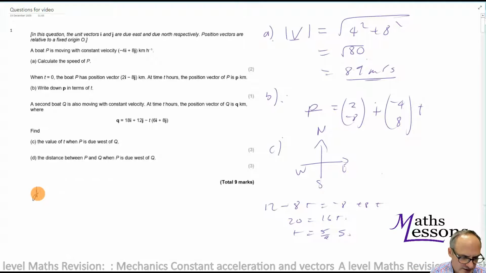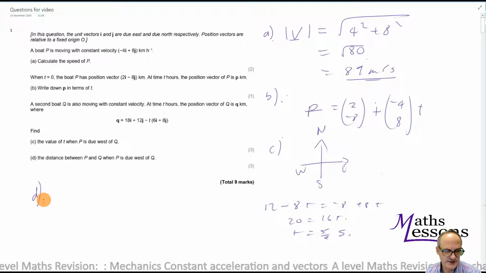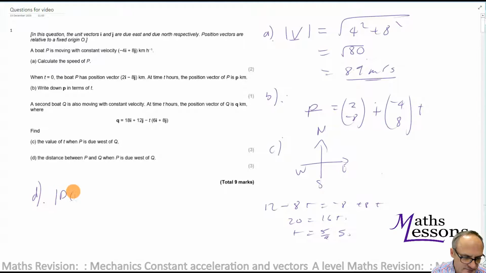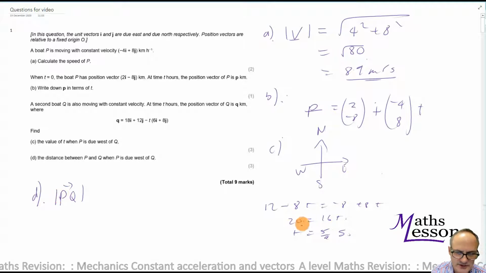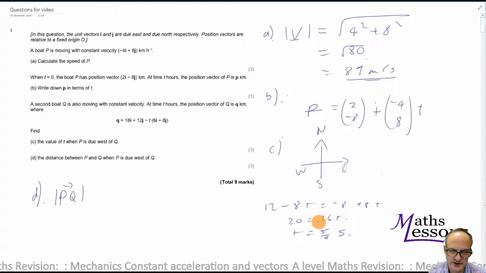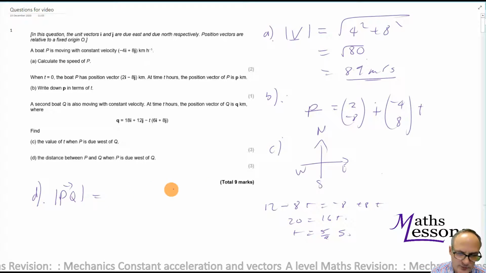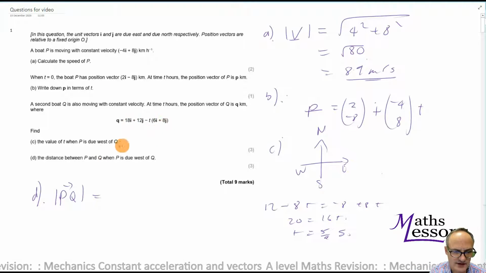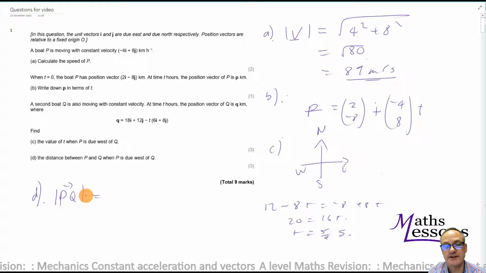Now for part D, let's do it over here. We're going to find the distance between P and Q when P is due west of Q. We want to find the magnitude of P to Q as a vector, but we don't need to worry about the j's because we've just shown they're going to be 0. So all we need to worry about are the i's at this point. We take away the P from the Q value to get from P to Q when doing vectors.